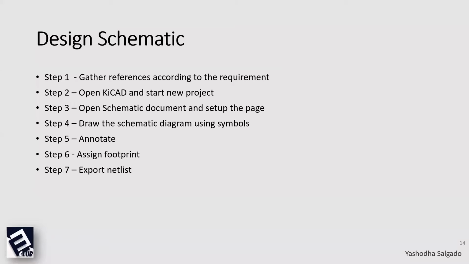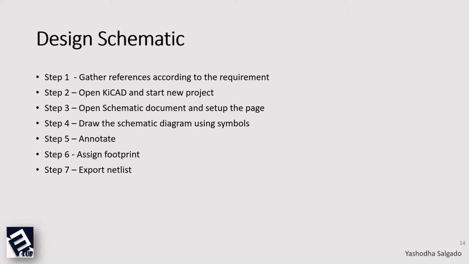Designing a schematic in KiCAD, there are several steps to be followed. Okay, step one is gather references according to the requirement. It means let's assume you want to add some sensors to your PCB.